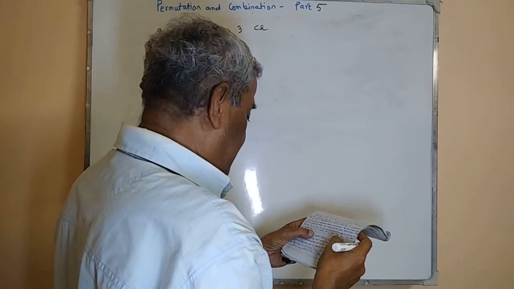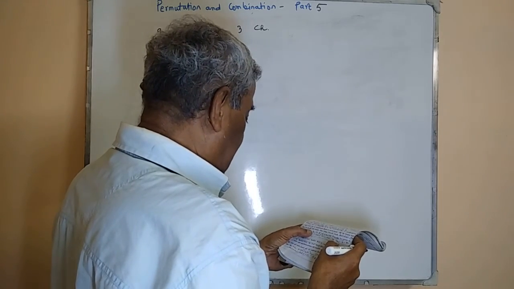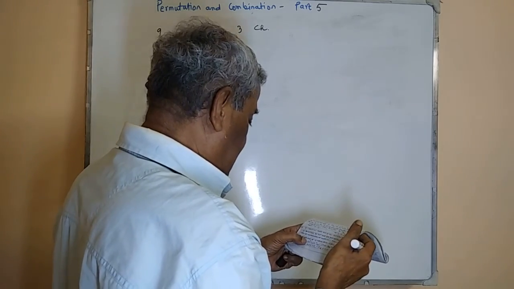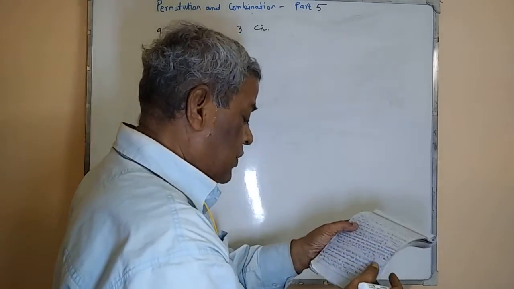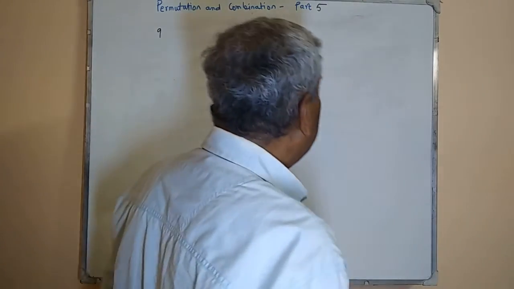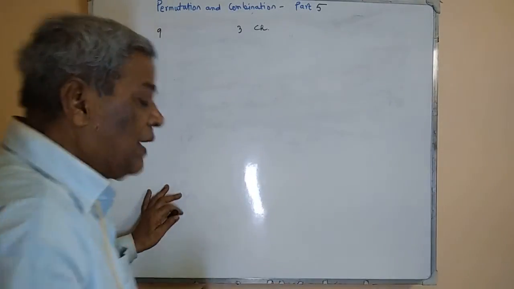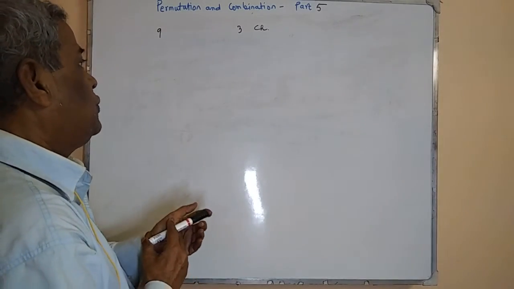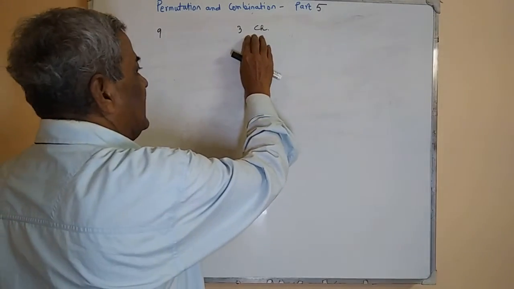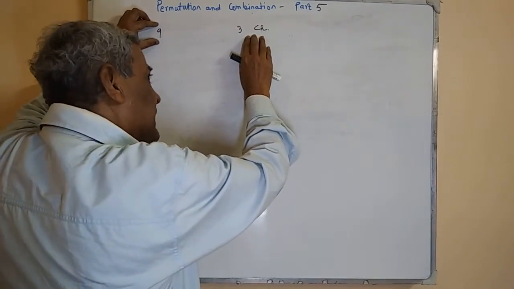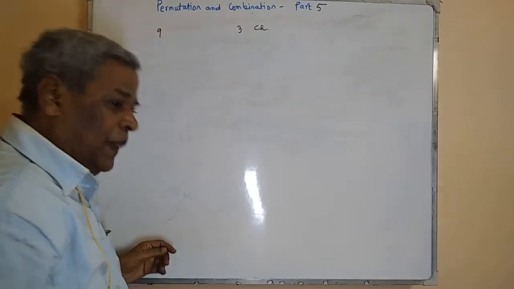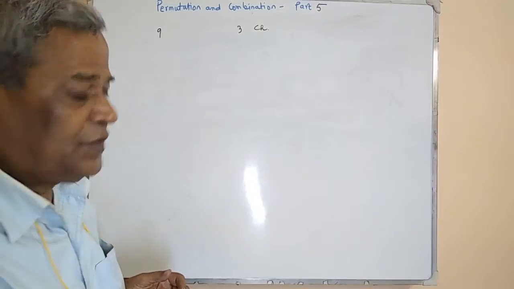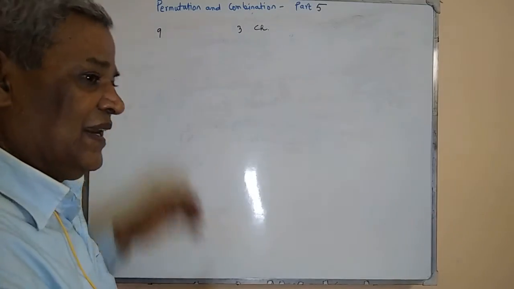Then the number of distributions of balls in this way is what we have to calculate. 3 children are there and 9 identical balls are there. One condition is there: each child must get at least 2 balls, and the balls are identical.